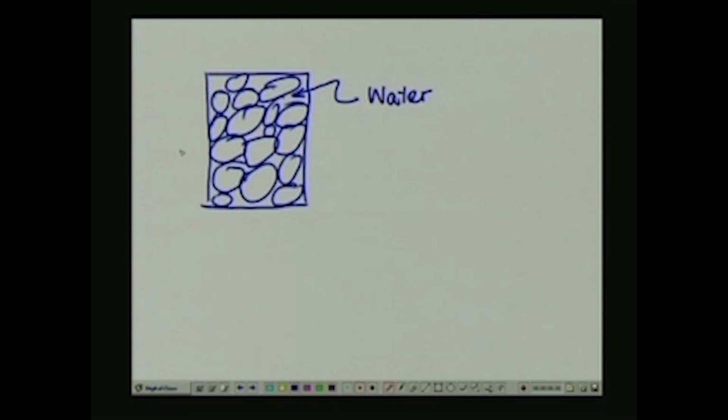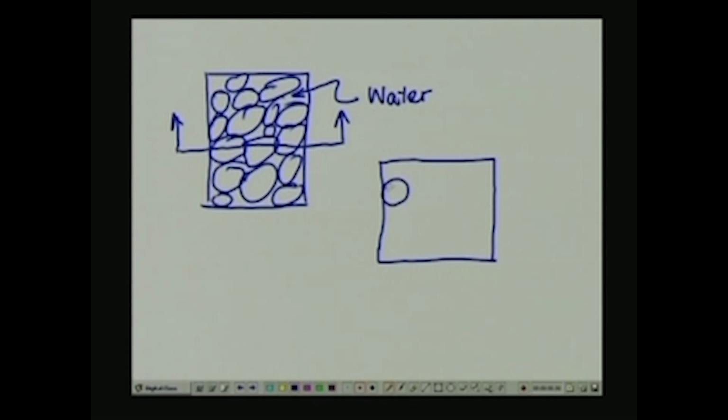So, then we take a cut across the sample, and if you look at the plan view of this particular cut, then what you might see is that a portion is going to be showing soil grains, whereas in other areas what you are going to have is water.